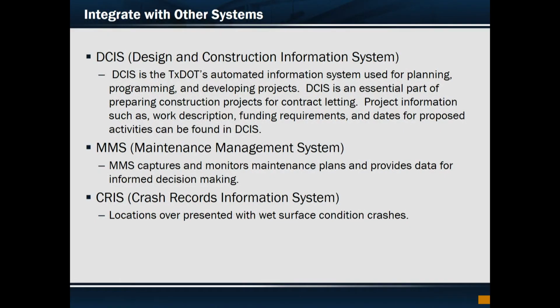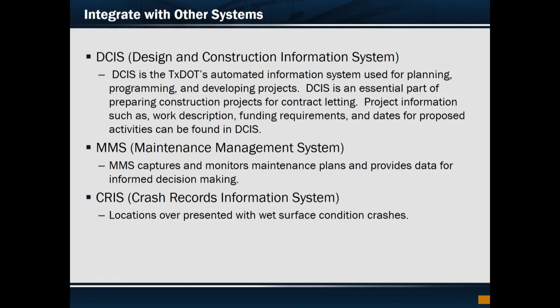In order to make this happen, PA is interfaced with 3 other systems inside TxDOT. One is DCIS, our Design Construction Information System. This system maintains all the planning, programming, and development projects. All projects are required to be put into the system for letting. So we interface with that system, and we also interface with the maintenance management system.